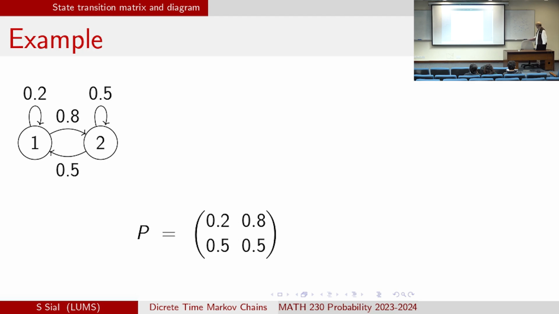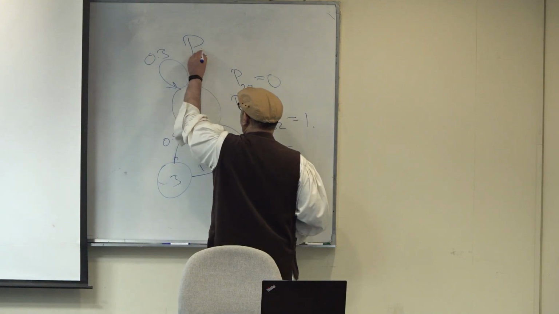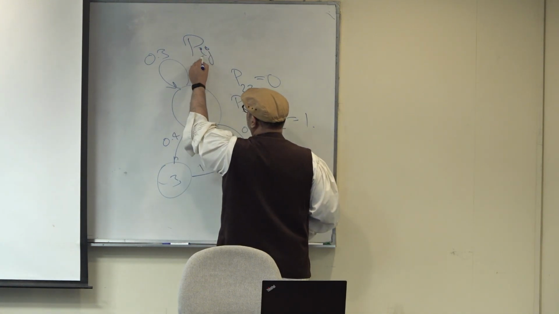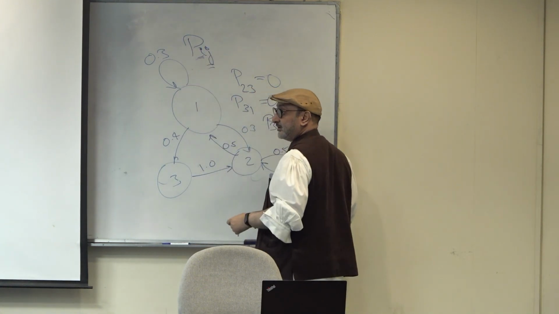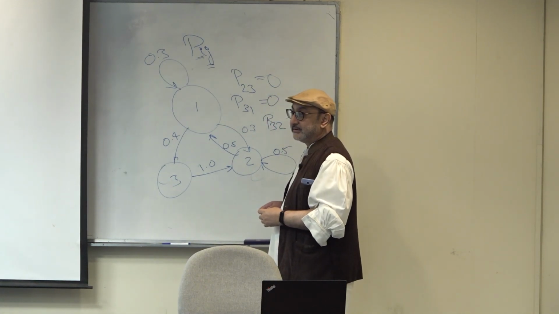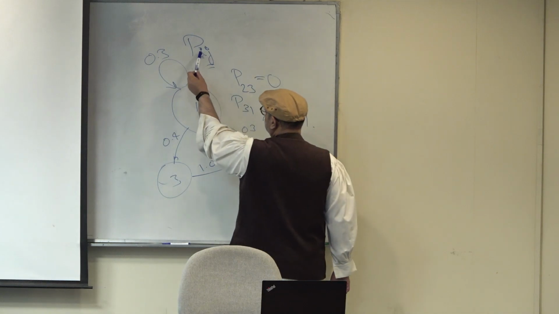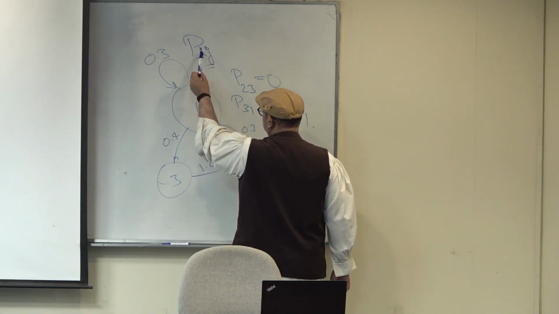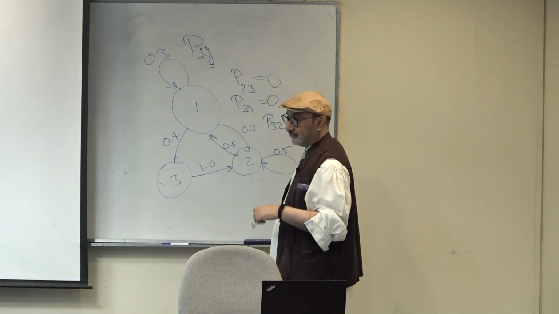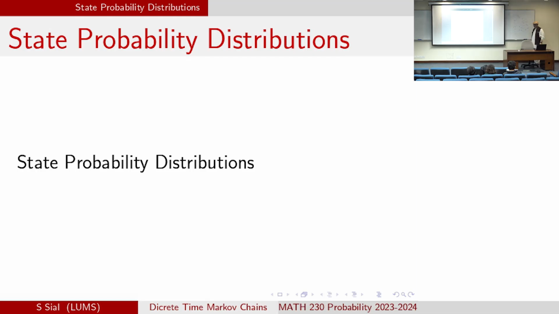So the entries are Pij, where i is the row and j is the column. And this means the probability of going from the state i to the state j.